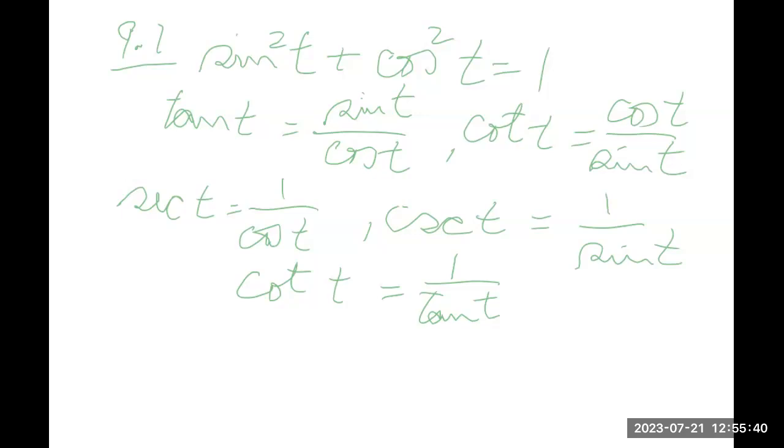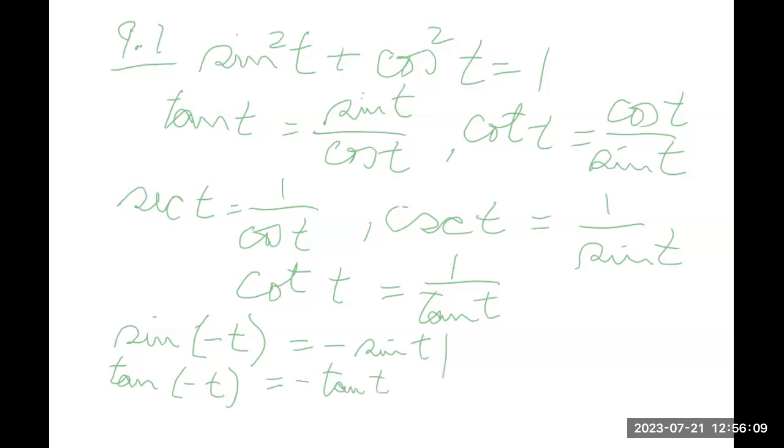So we saw that the sine function is an odd function, which means sine of negative t is equal to the negative of sine t. And the same is true for tangent. Tangent also is an odd function, and so when you change the sign of the angle, the whole function changes sign.